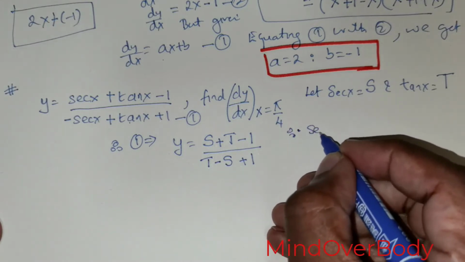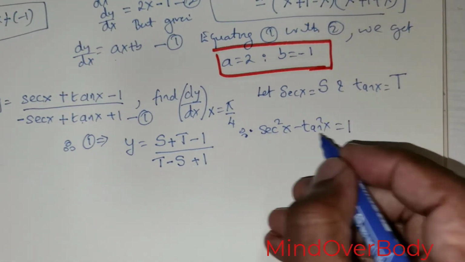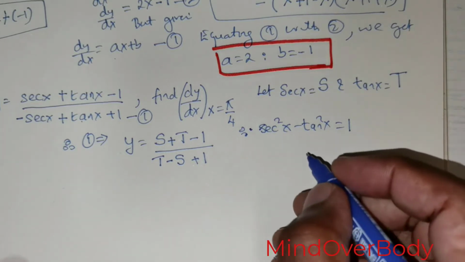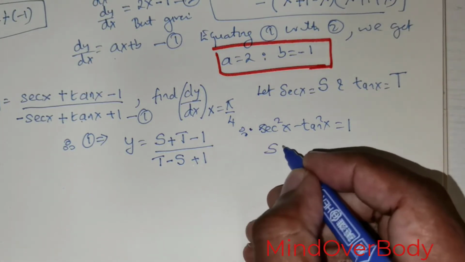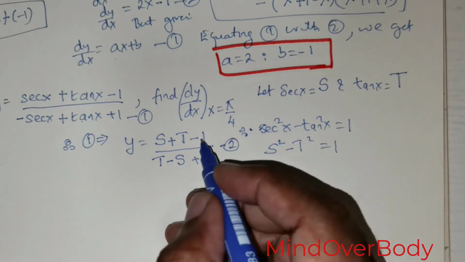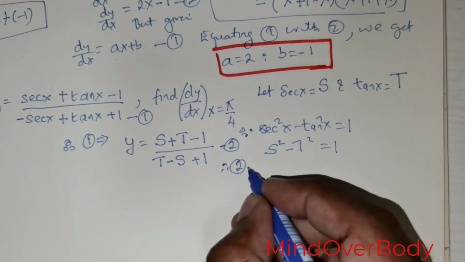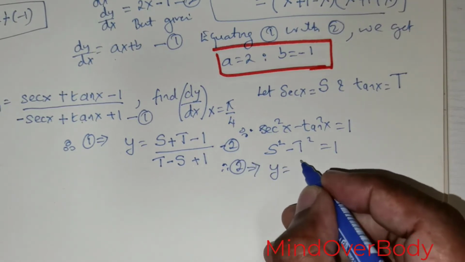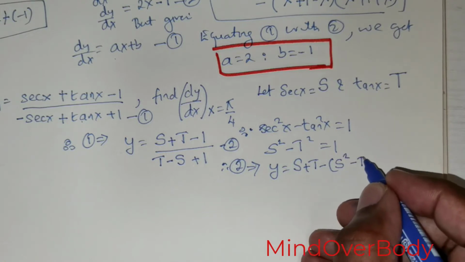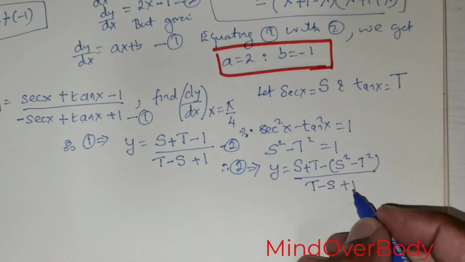Now we know that secant squared x - tan squared x is equal to 1. This is a famous trigonometry identity. So this would mean S squared - T squared is equal to 1. So if I were to take this as 2, I'm going to rewrite the numerator present in 2. Therefore 2 can be rewritten as y is equal to (S + T - (S squared - T squared)) divided by (T - S + 1).